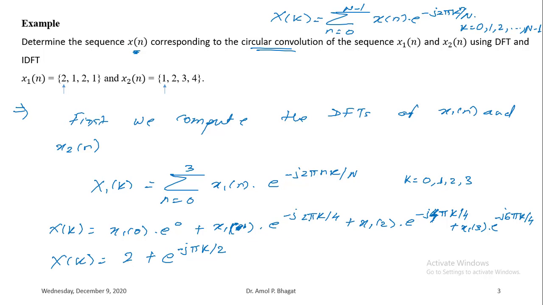Because 2 divided by 4 will be 1 by 2 simply. Plus this x1 of 2 is 2, so again 2 multiplied by e to the power minus j pi k, this 4 will get cancelled.